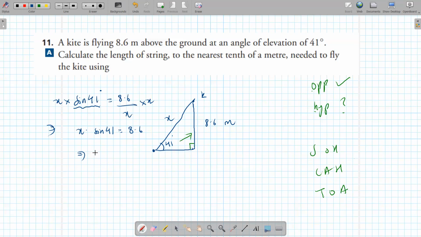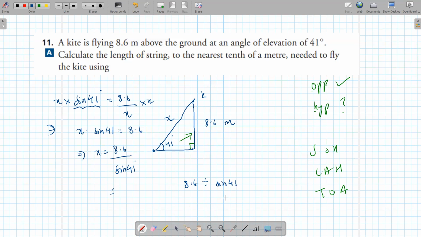You want to divide both sides by sine 41. So 8.6 divided by sine 41. Try plugging this in as you see it. Not sine inverse now, sine 41. You would only use the inverse functions when you're trying to find the angle.